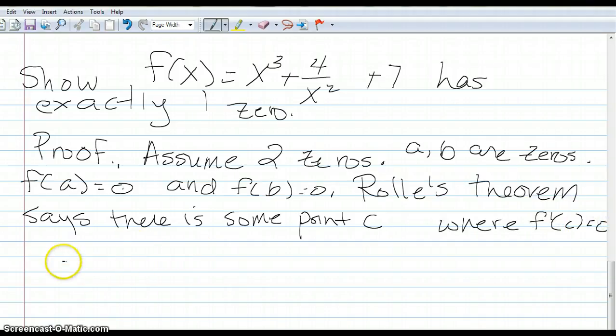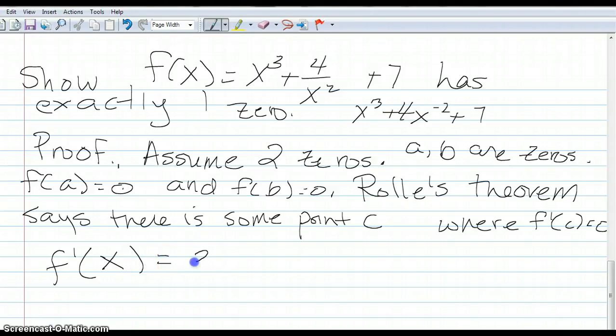But what happens if you take the derivative? This is the same as x cubed plus 4x to the negative 2 plus 7. If you take the derivative, f prime of x is equal to 3x squared minus 8x to the negative 3.